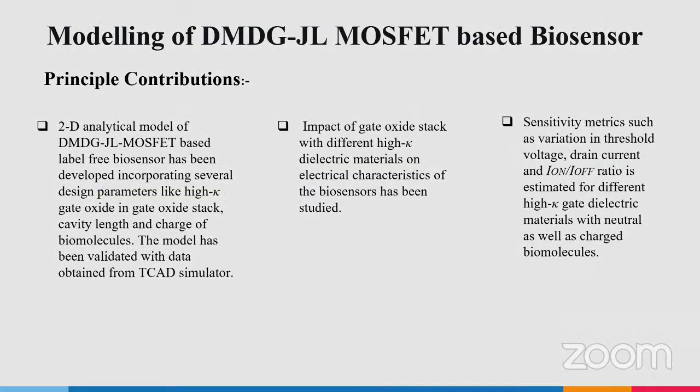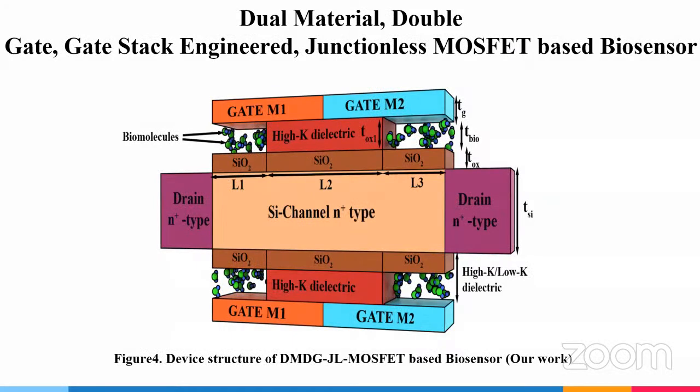Looking at the architecture, we have divided it into 3 different regions: L1, L2, L3. L1 and L3 are the regions carved from the dielectric to form a nanogap where the biomolecules are functionalized, and L2 is the normal oxide gate-based region. So there are 3 regions we have created, and in every region we have to solve the Poisson equation to find the surface potential.